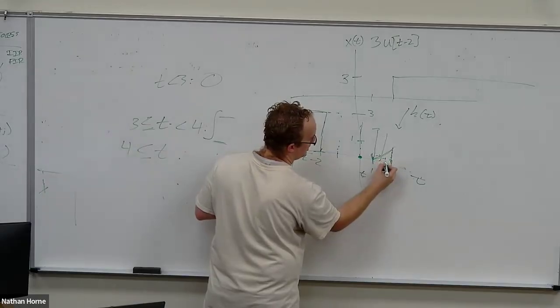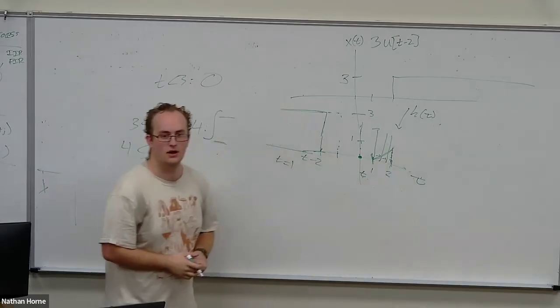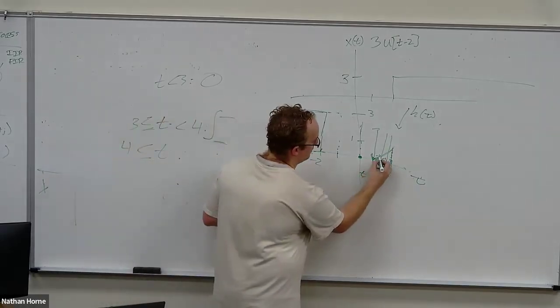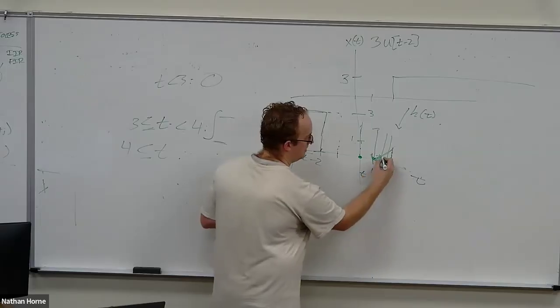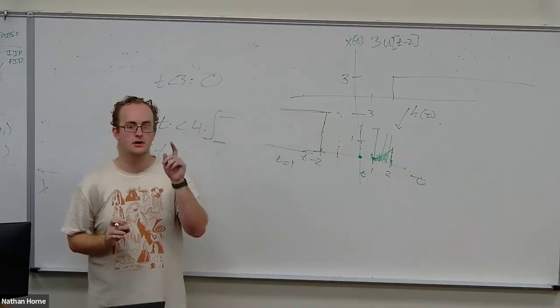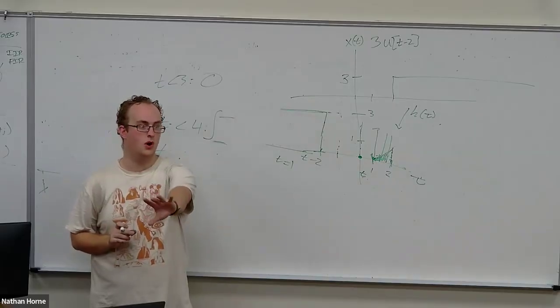So from 3 to 4, this edge is moving through the triangle. It's moving progressively forward, and eventually it's going to hit right there at t equals 4. So what defines the lower edge of this overlap region as that edge moves? It's 1. Why is it 1?